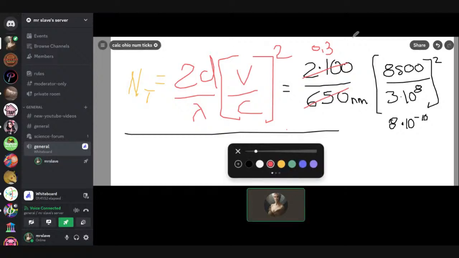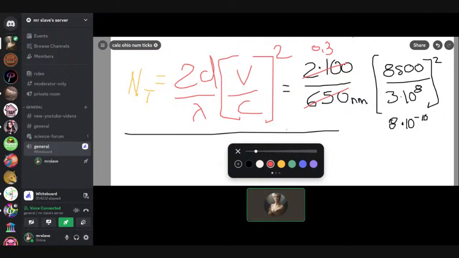So what are the units? This is meters per second, this is meters, so this is unitless. Oh, this is meters, okay. So this is meters over meters, this is unitless. So it's just nano.